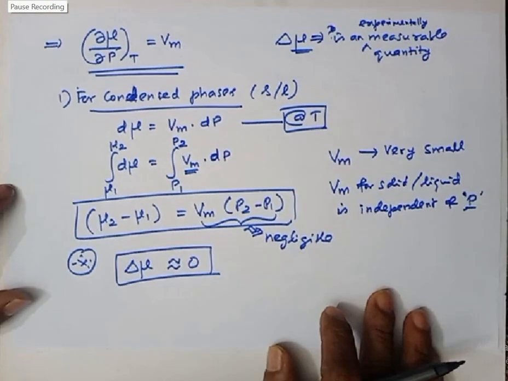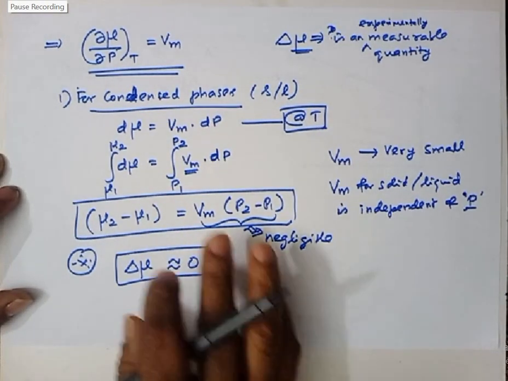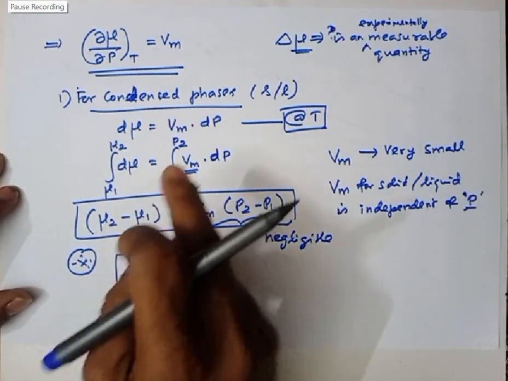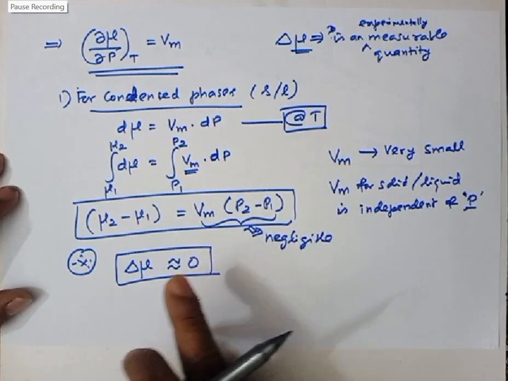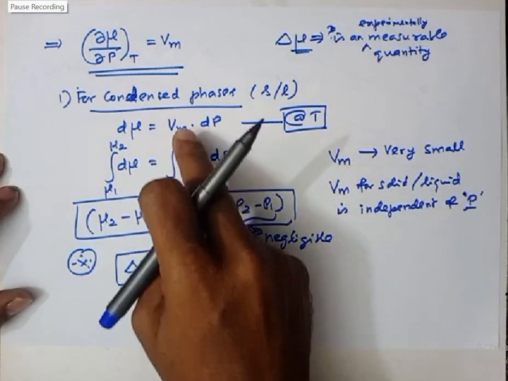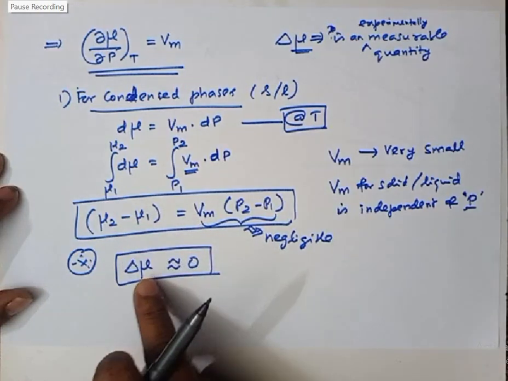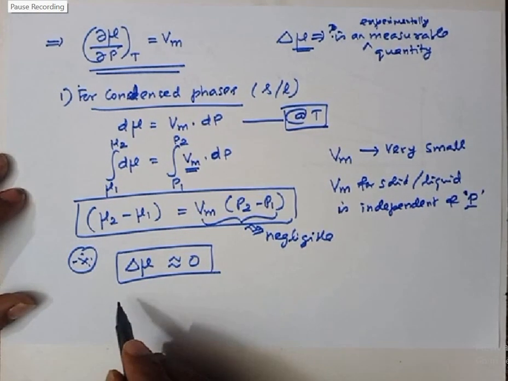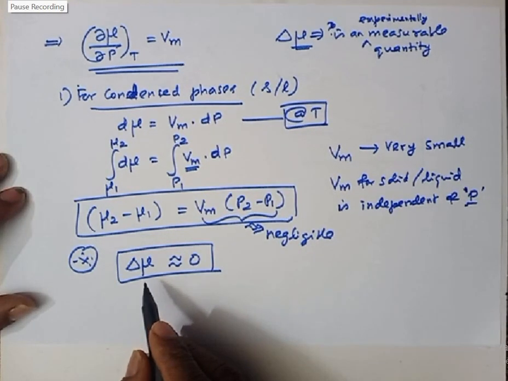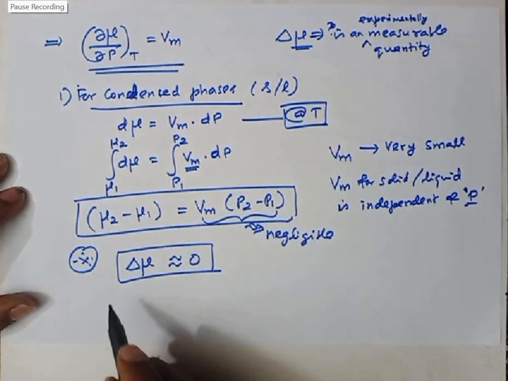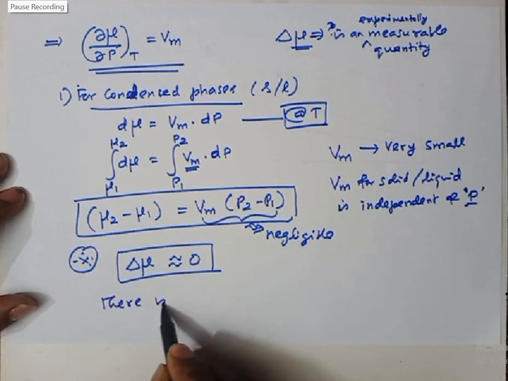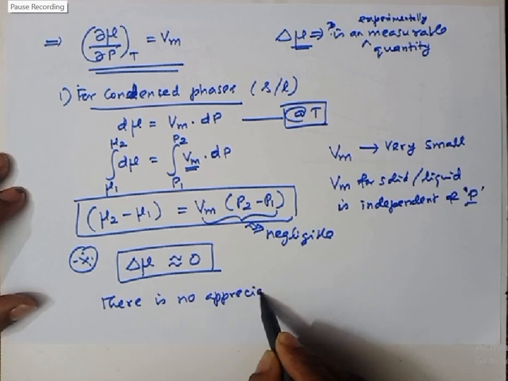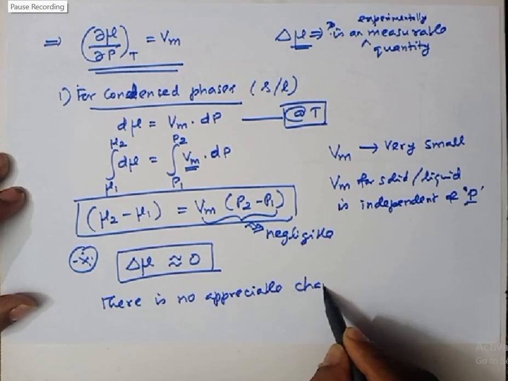So what is the conclusion? The conclusion is that in the case of condensed phases, solid and liquid, by changing pressure, the chemical potential will not change much.